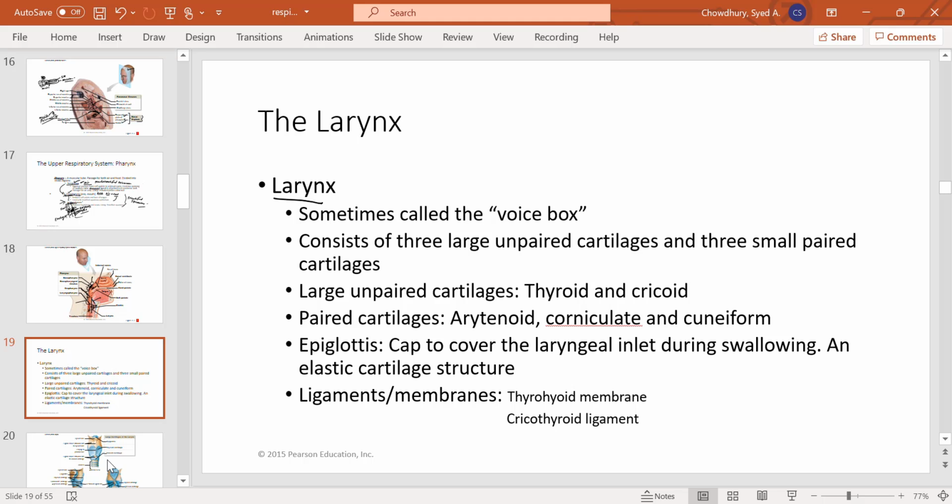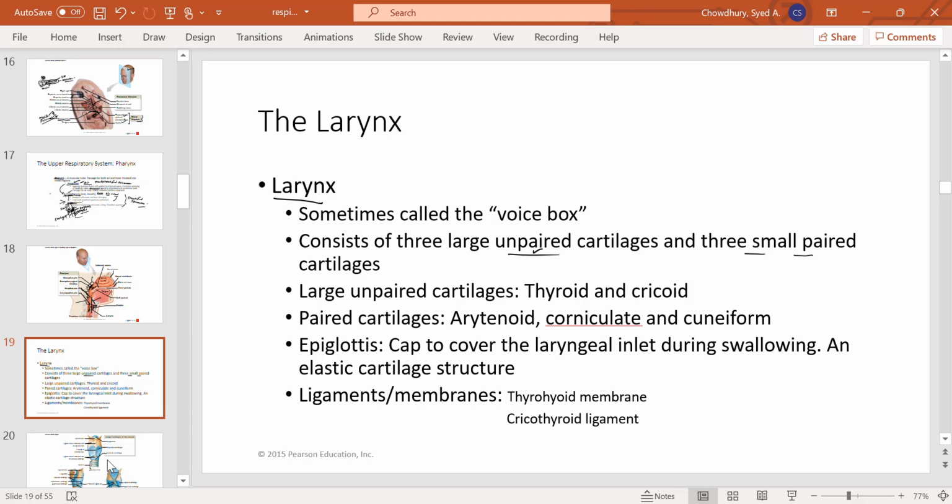Larynx, as I mentioned, is known as the voice box. Also, it is a cartilaginous structure. It has both paired and unpaired cartilages. There are three small paired cartilages. That means those are two each type, is two in number, and three large unpaired.